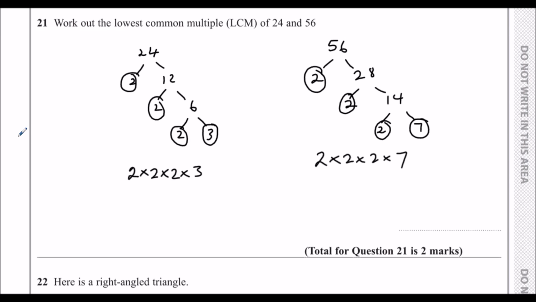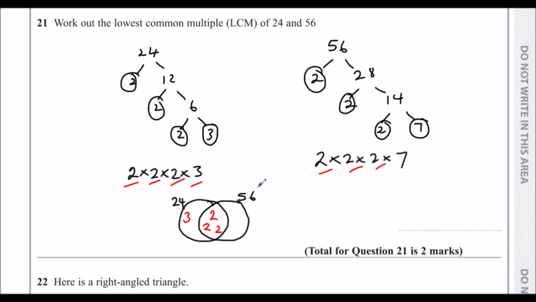We want the lowest common multiple. I'm going to draw a quick Venn diagram. So one circle for 24, another circle for 56. They've both got 1, 2, 3 2s. They share 3 2s. So they go in the middle. And 24 has also got a 3.